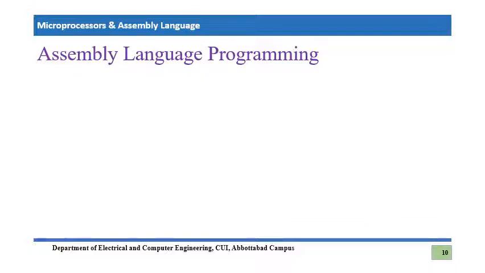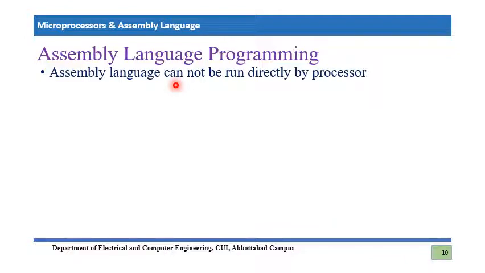We are almost done with this lecture, but we need to remind ourselves of certain points. Assembly language cannot be run directly by a processor. What does it mean? Assembly language is not written in ones and zeros, and a microprocessor doesn't understand anything but ones and zeros.